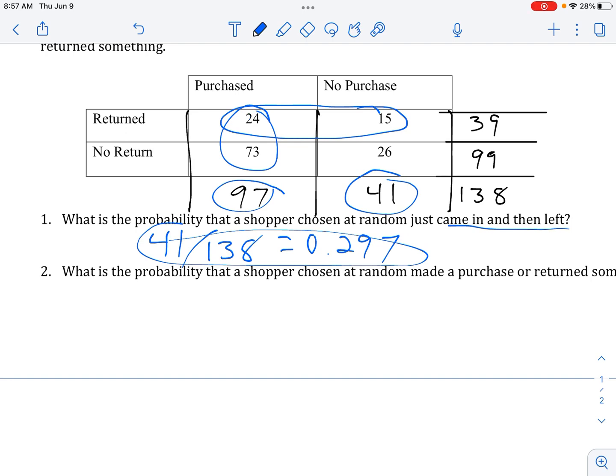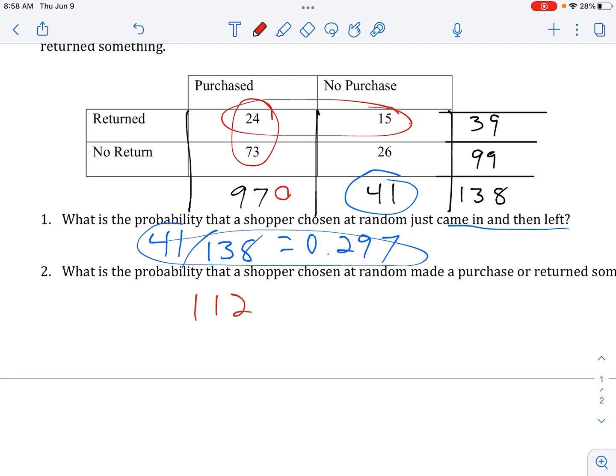I should have done that in red, just so we had a different color. All right, so those ones plus these ones, we have an overlap. So we're just going to do 73 and 24, which is 97, plus another 15 is going to be 112. So I did 97 plus 15 equals 112.